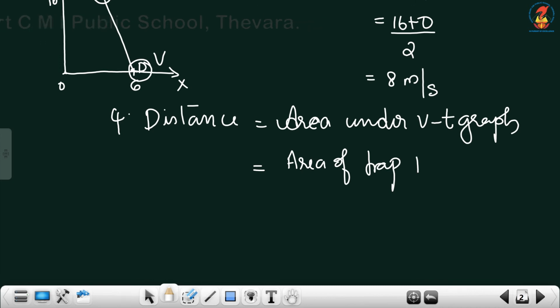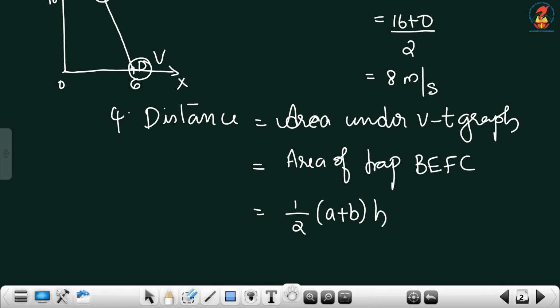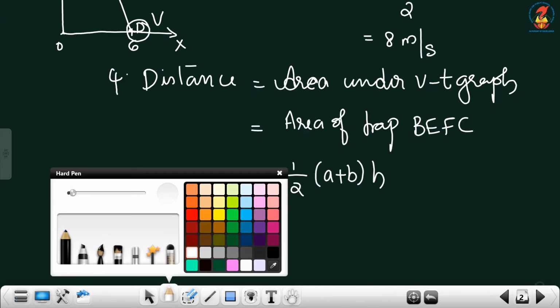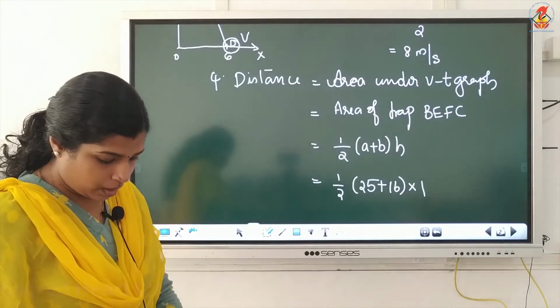The name is BEFC, that is half into A plus B into H, that you will get it as like this, half into A is 25 plus B 16 into H 1. When you do the calculation, you will get the answer.